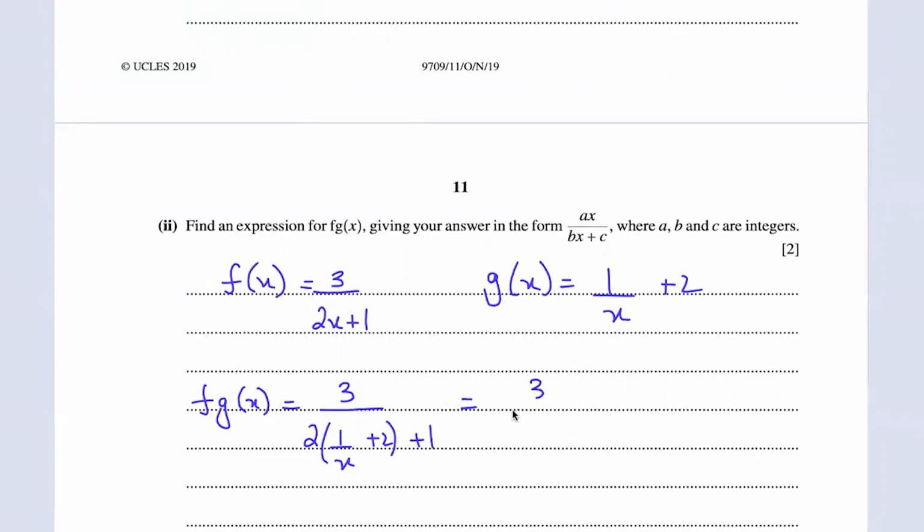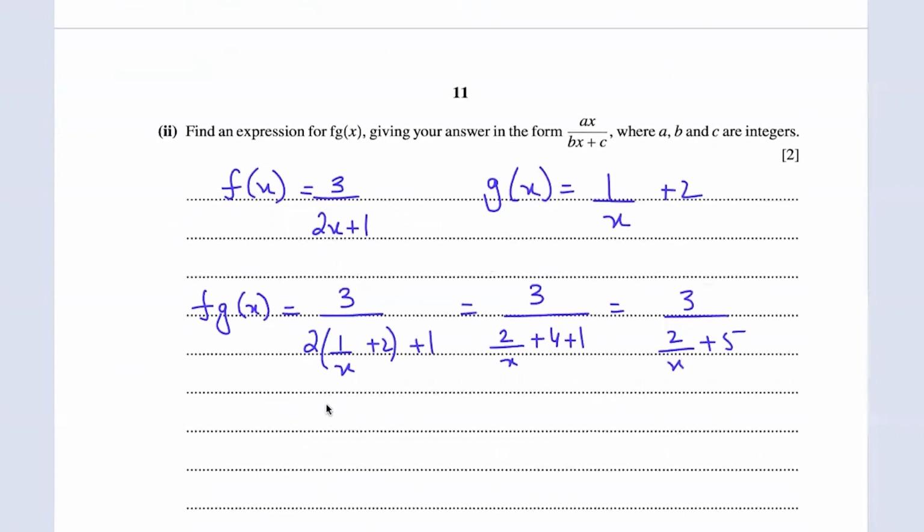Simplifying this, we'll get 3 upon 2 upon x plus 4, plus 1, which is equal to 3 upon 2 upon x plus 5. Now taking LCM in the denominator, we'll have 3 upon 2 plus 5x upon x. So this can be rearranged and written as 3x upon 2 plus 5x.